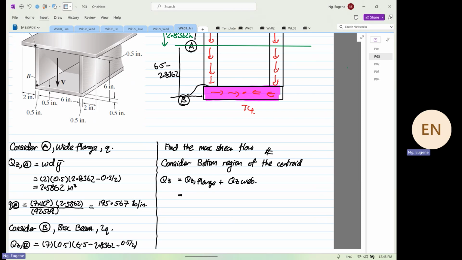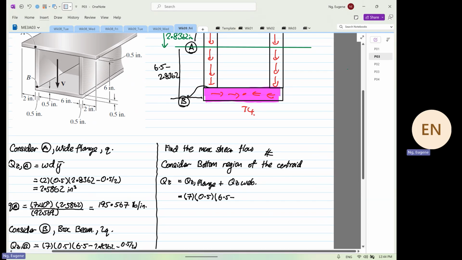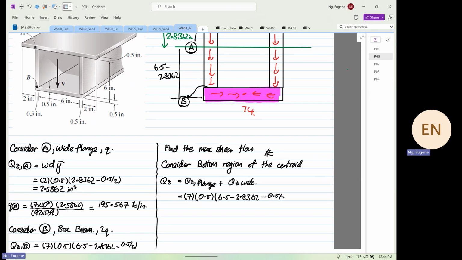Over here, the width is 7, the depth is 0.5, the Y bar is 6.5 minus 2.8362 minus 0.5 divided by 2.